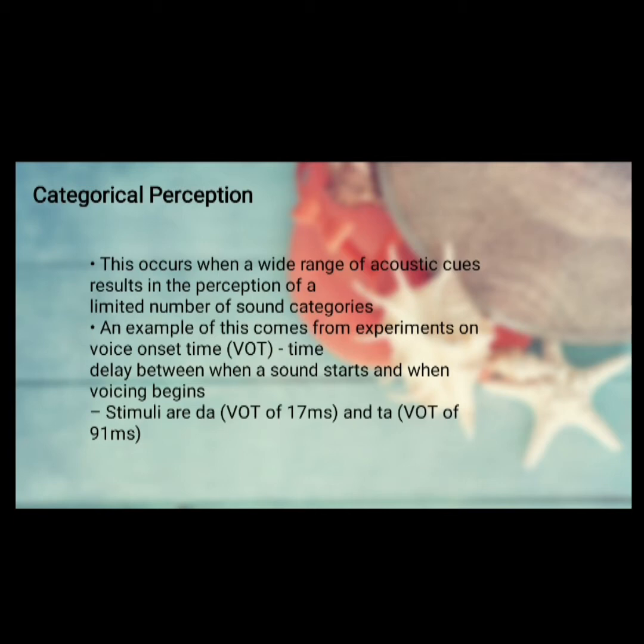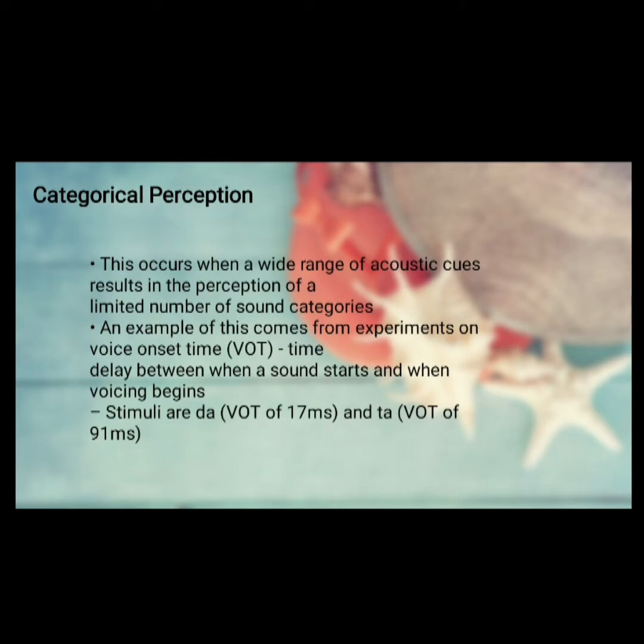And this occurs when a wide range of acoustic cues results in the perception of a limited number of sound categories. An example of this comes from experiments on voice onset time, or VOT, the time delay between when a sound starts and when voicing begins.